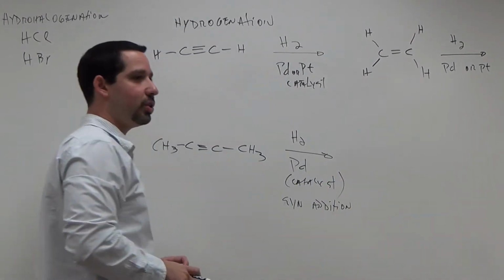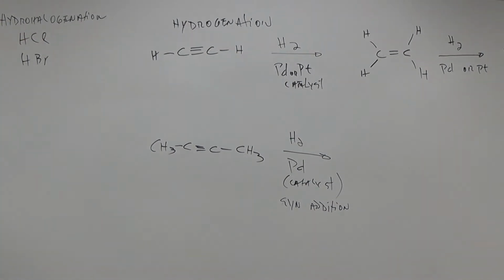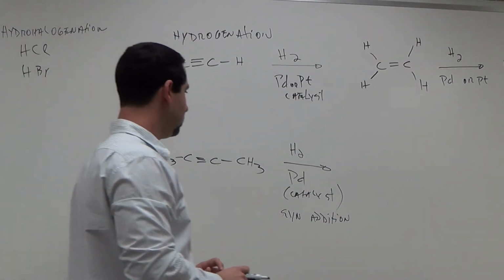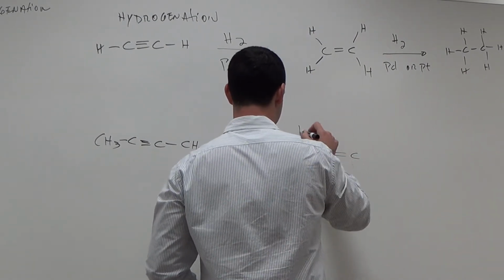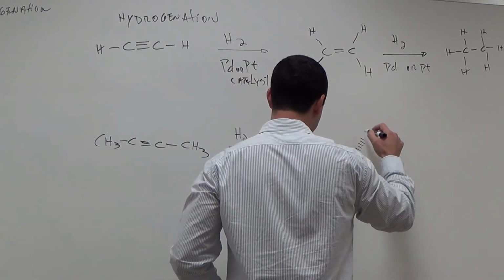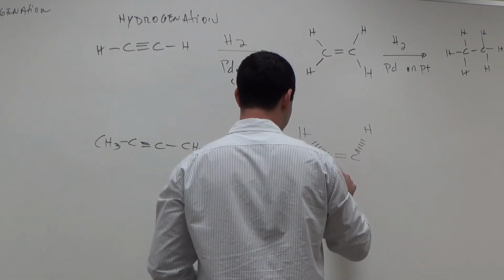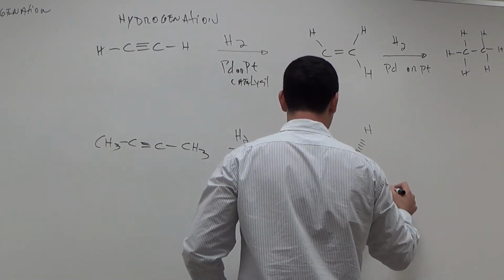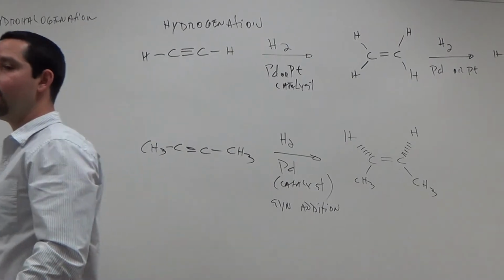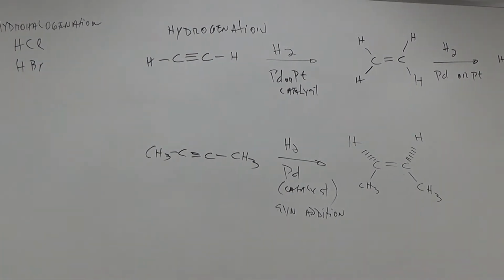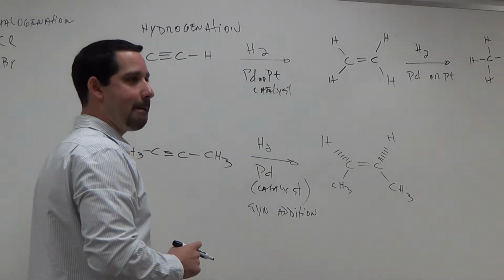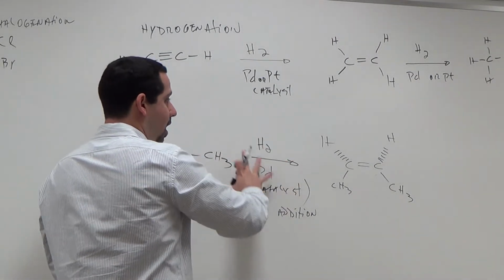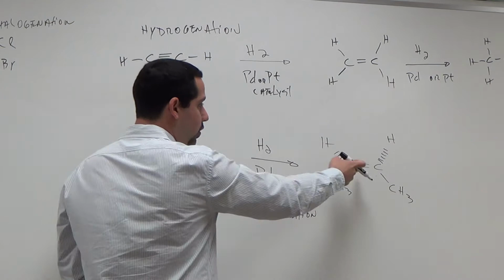So both hydrogens are going to add to the same side. You are going to get this. Hydrogen on one side, hydrogen on the other side, CH3 and CH3. What did that give you? That gave you a cis-alkene, yes?